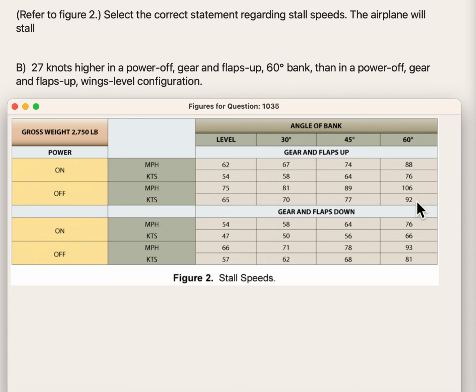And then over here we look at power off, gear and flaps up, wings level. So we look over here. So 92 minus 65. That's how we figure out this question. And that's 27, so 27 knots. So you just got to do that math.